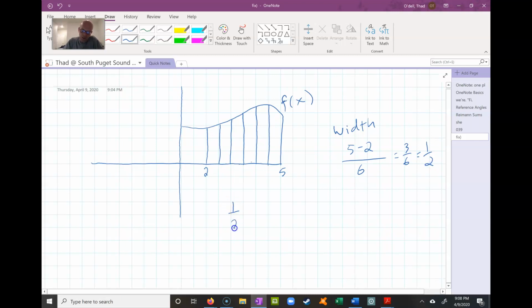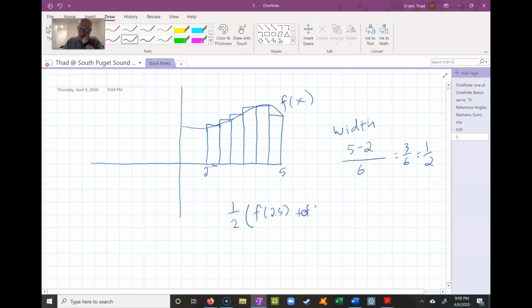So we would take 1/2 times, and remember we're multiplying 1/2 times each of the heights of the rectangles. If we're going to use a right-hand rule, we would go like this, like this, like this, like this, like that, and like that. And so the first height of the rectangle would be f of 2.5 because it's half over from 2.